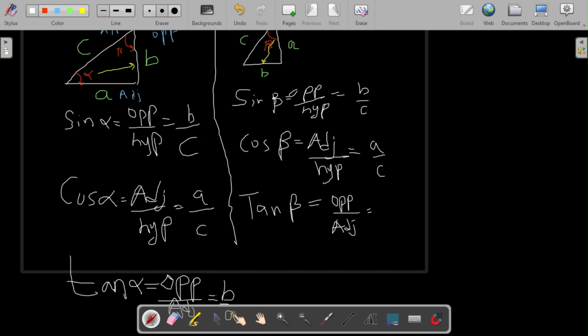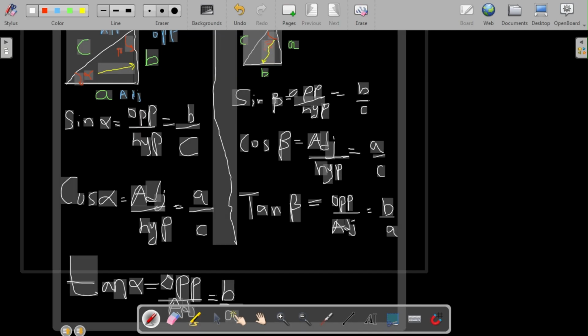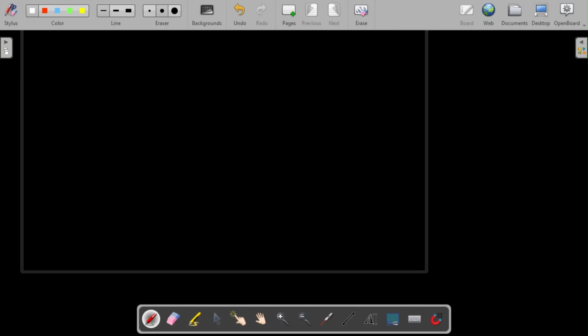Your opposite, like we've seen from the sine situation, is also B. Your adjacent is A. So that is how you determine SOH CAH TOA using a right angle triangle. Let's take very good examples.